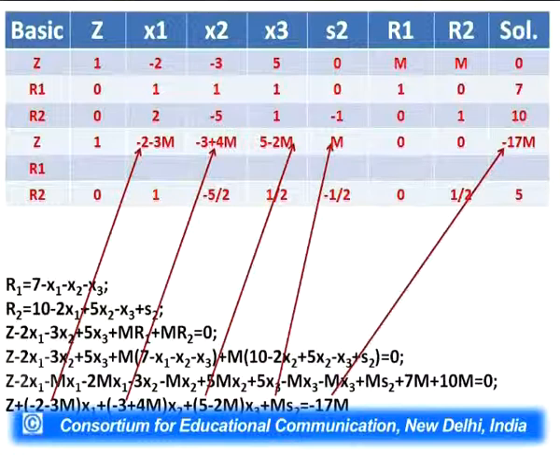First row gives us basic variables, starting with objective function z for the first column, and next are variables x1, x2, x3, s2, r1 and r2, and the last column is solution.